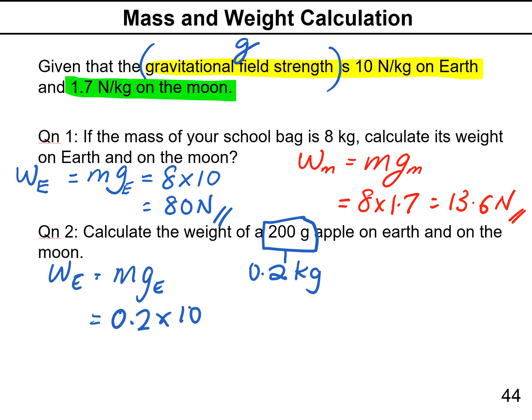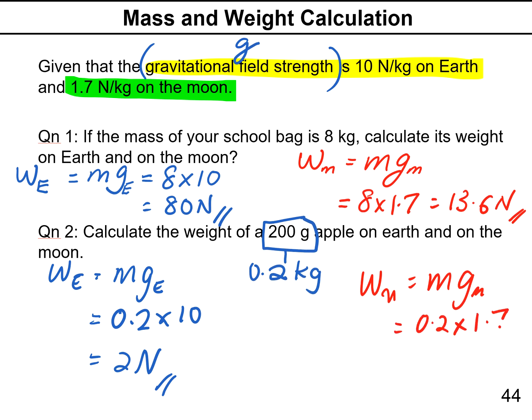So 0.2 times 10, 2 newtons. And the weight on the moon is m times the gravitational field strength on the moon. So 0.2 times 1.7, 0.34 newtons.